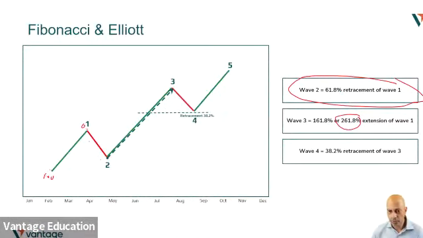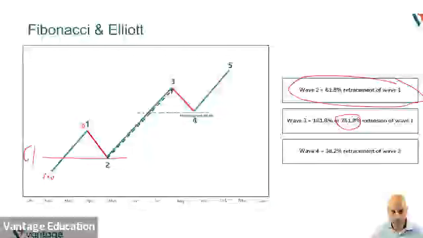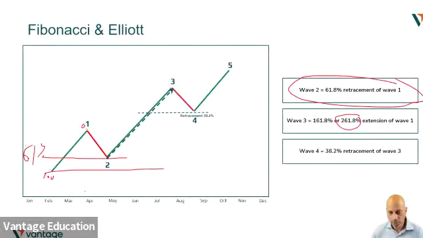So you're looking for wave 2 to pull back to no more than 61.8%, right? So typically it will drop to 61.8%. And remember, wave 2 can never go below the starting point of wave 1. So that's how you can use Fibonacci retracement to identify where wave 2 will end.